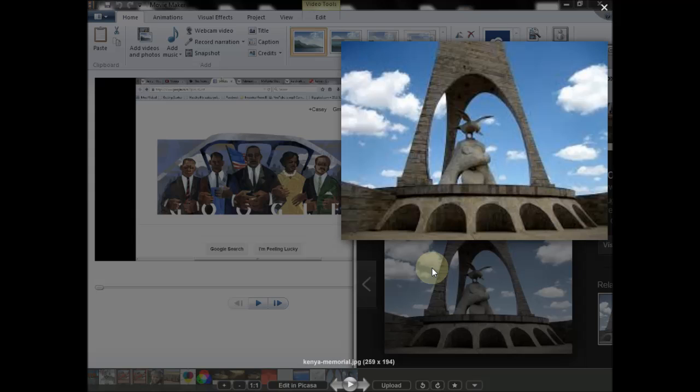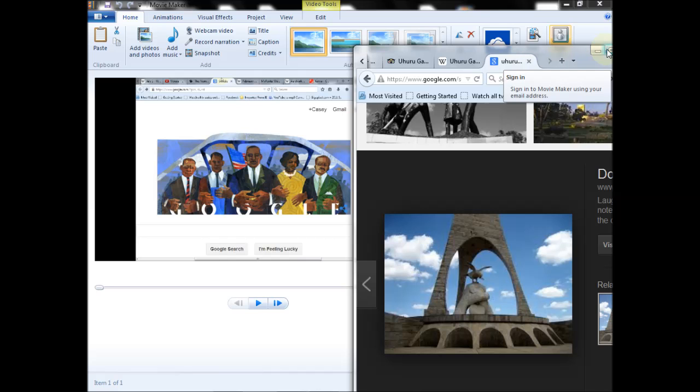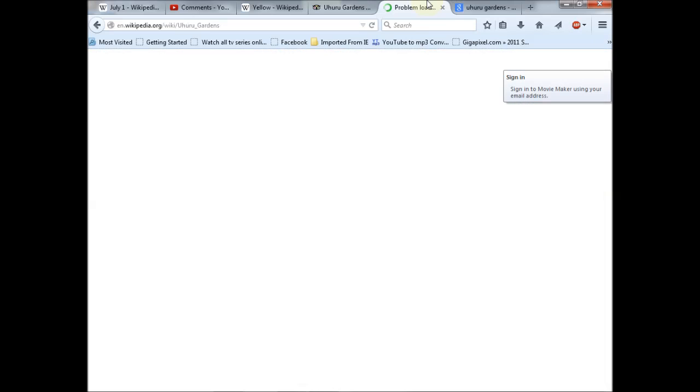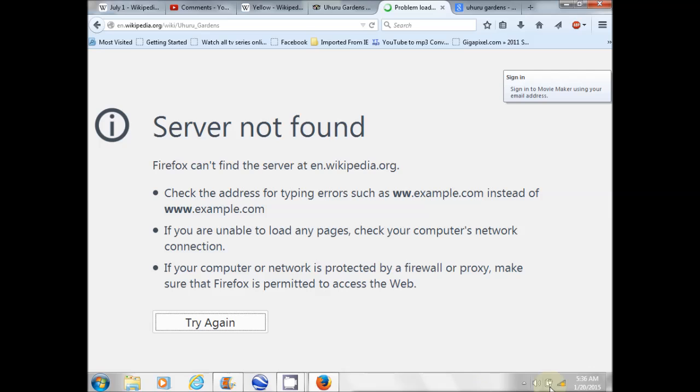And we see the marked features of this memorial that match the background in the Google Doodle. And of course, behind them, all of the fallen soldiers, the independence of Kenya, Africa. Now, as I've told you guys in the past, you can't make this stuff up.